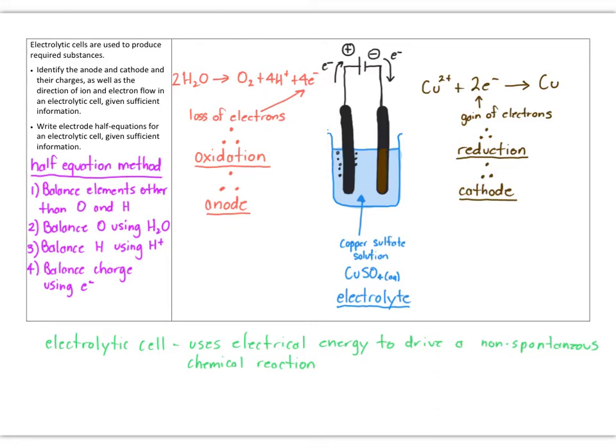That's a loss of electrons, therefore it's oxidation, therefore this electrode is the anode. So hopefully that has given you enough to remember how to identify the anode and cathode and their charges, as well as the direction of ion and electron flow in an electrolytic cell, given sufficient information.